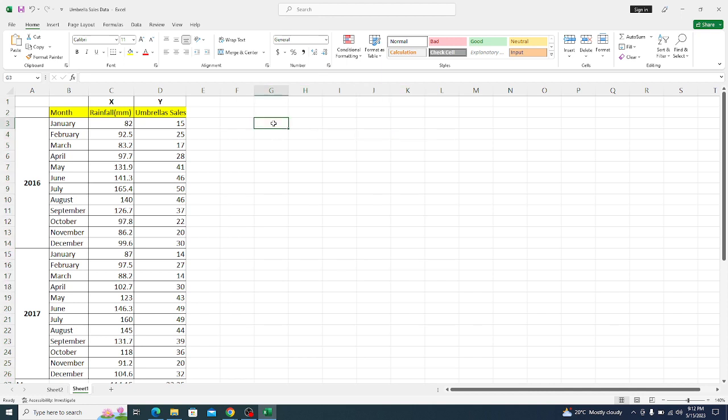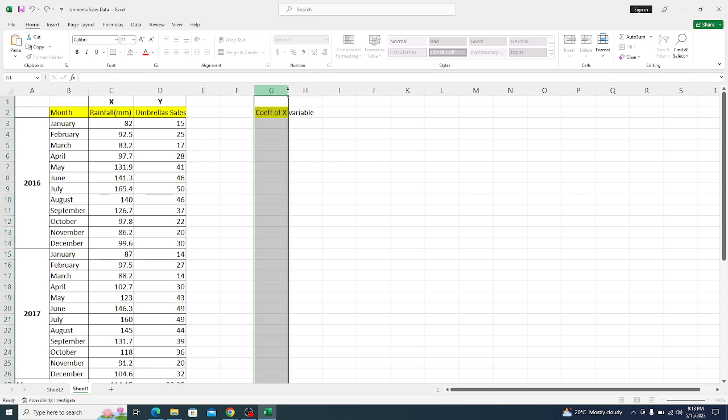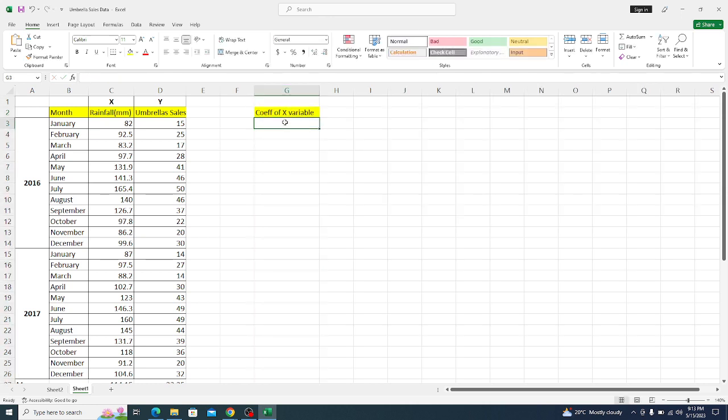So first of all, remember in our model, what do we need? We need the coefficient of the x variable, and then we need the y intercept.